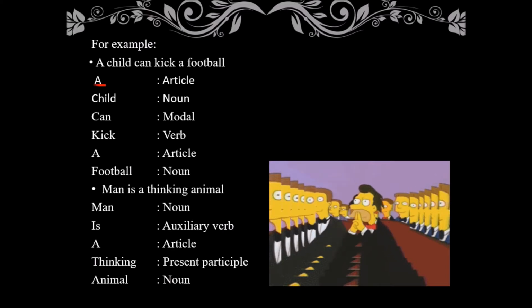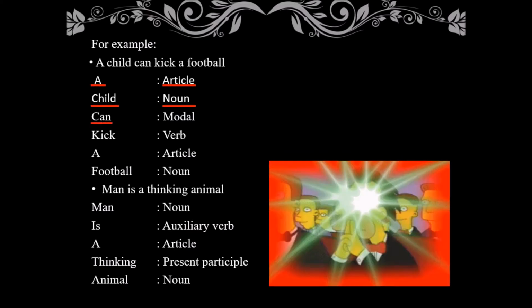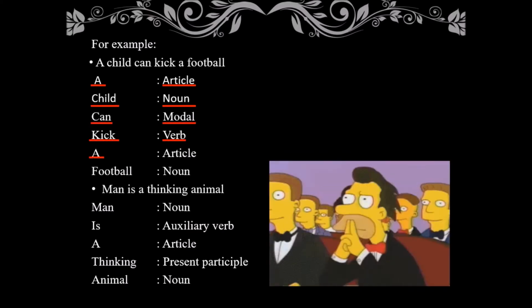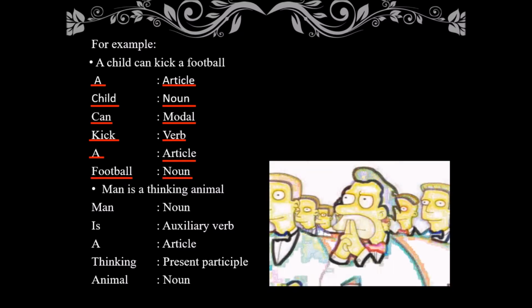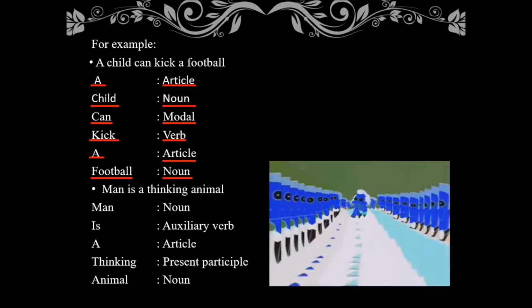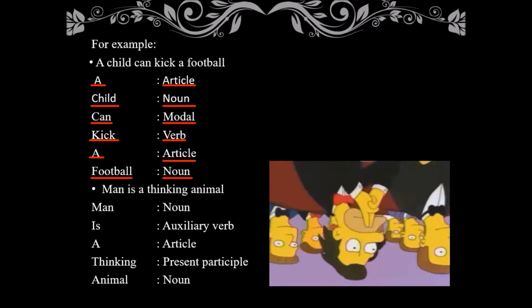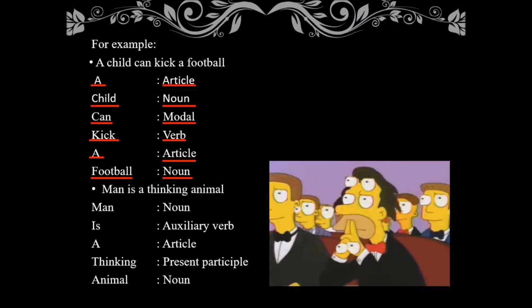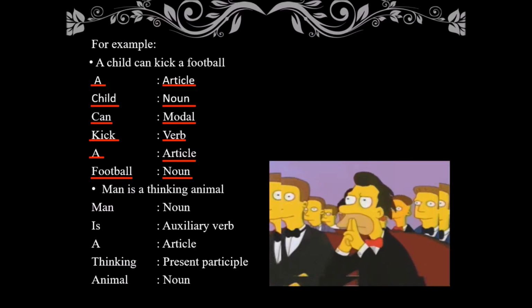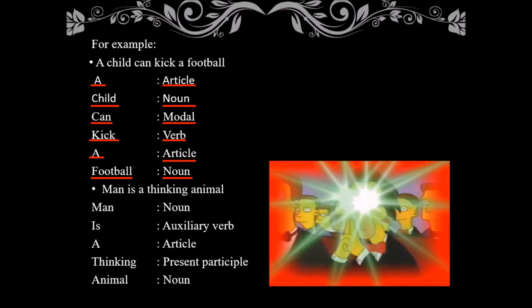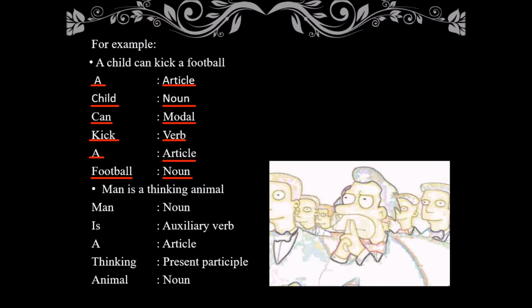For example, "a child can kick a football." So here, a belongs to article, child belongs to noun, can belongs to modal, kick belongs to verb, a belongs to article, and football belongs to noun. So here is what is meant by the syntactical relation.